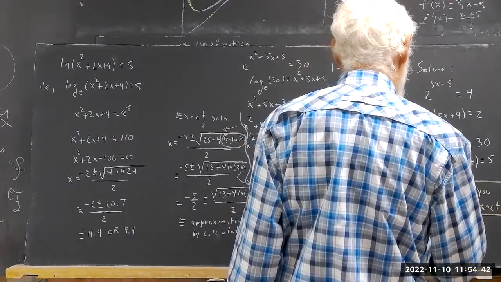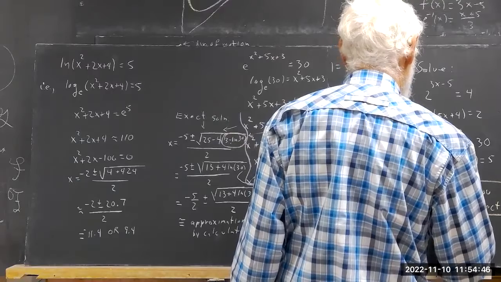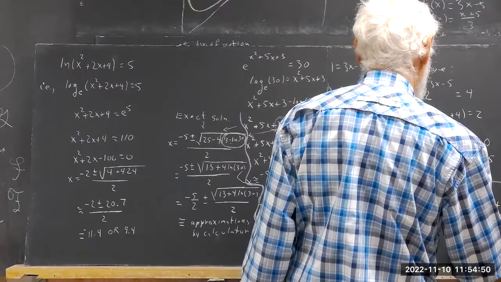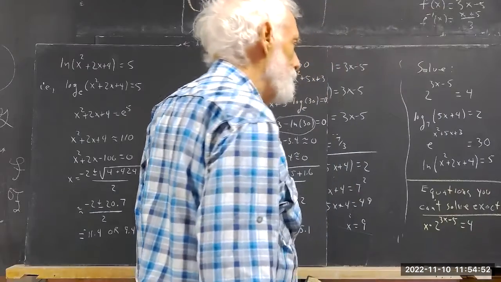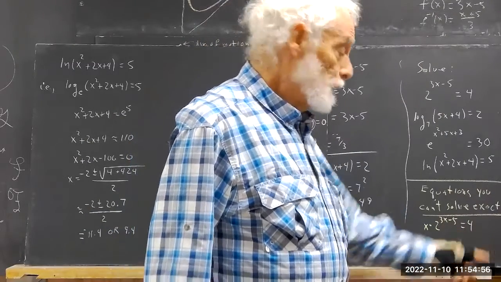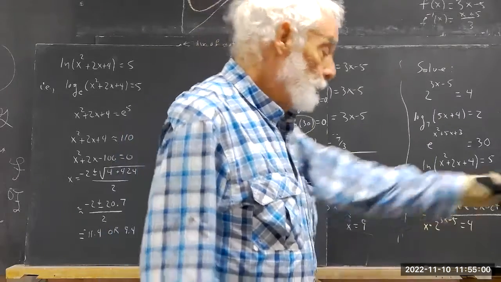How about x times 2 to the 3x minus 5. Well, you could divide both sides by x, but that'd take you from the frying pan into the fire. You'd have x's on both sides.